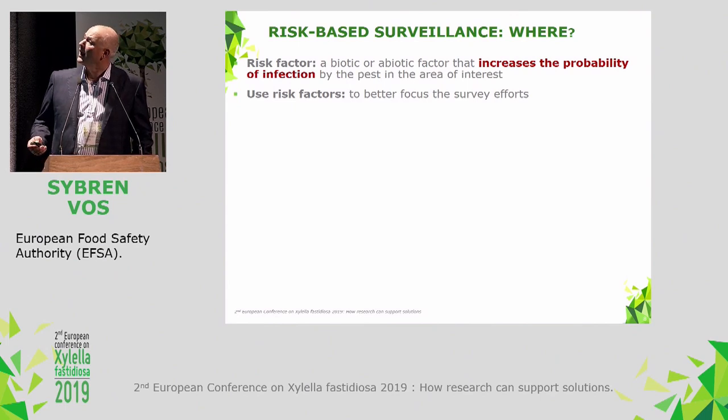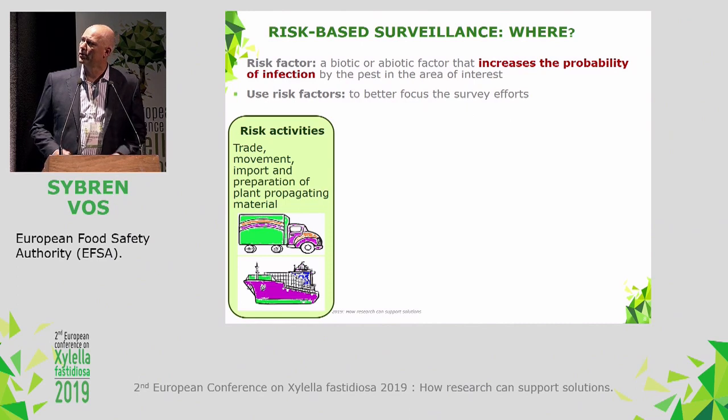In fact, we propose a procedure where we start with the identification of the risk activities that take place in the area to survey. These risk activities could include trade, movement, imports, the preparation of plant propagation material, etc.